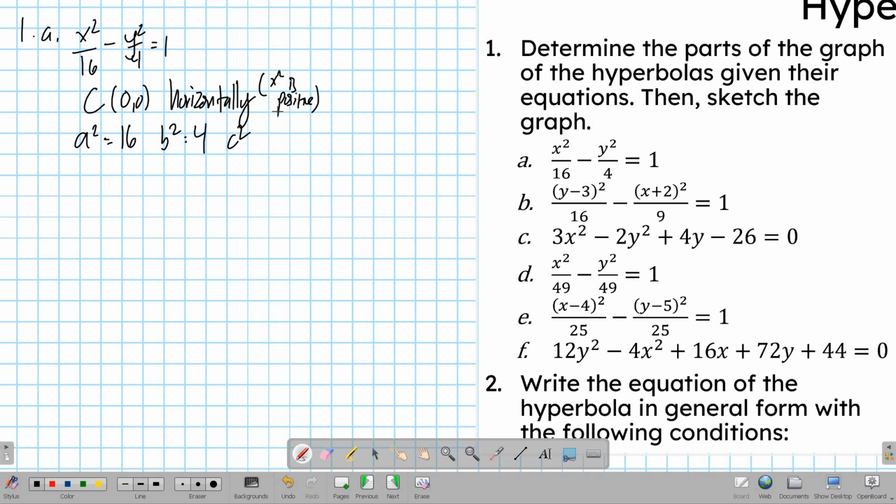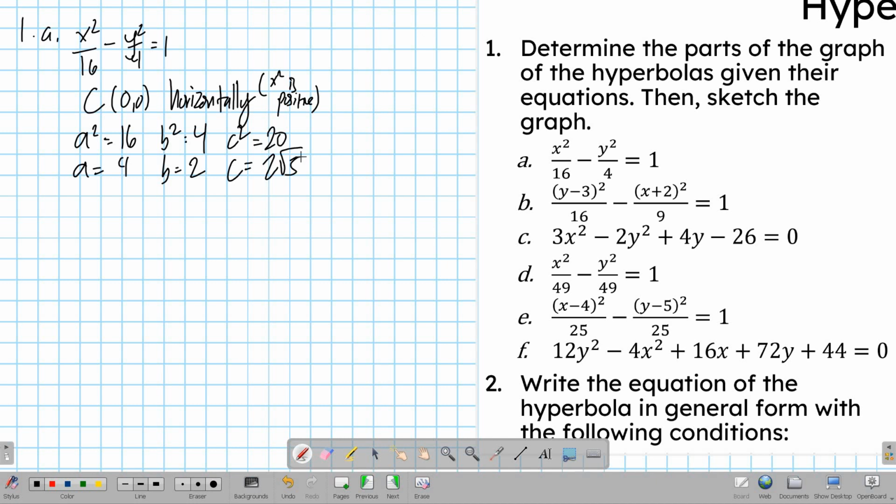And c squared, like we mentioned before, is a squared plus b squared. So 16 plus 4 equals 20. Now we get the values of our a, b, and c. So we have the value of a, which is equal to 4, the value of b, which is equal to 2, and the value of c, which is equal to 2 square root of 5.